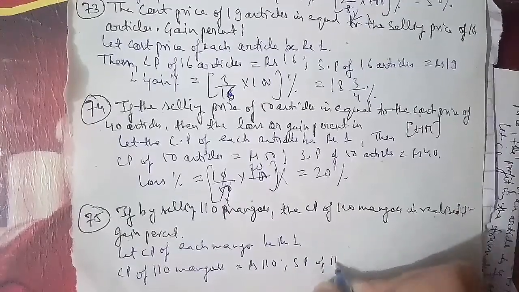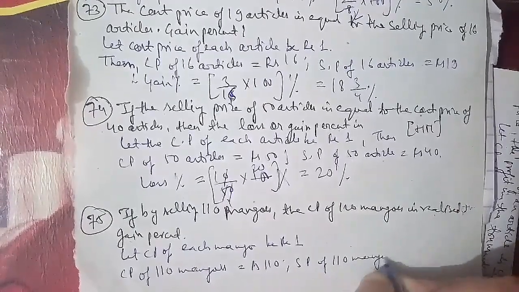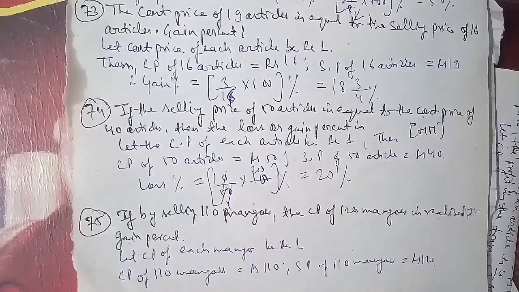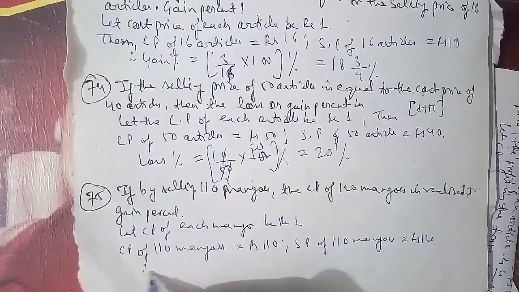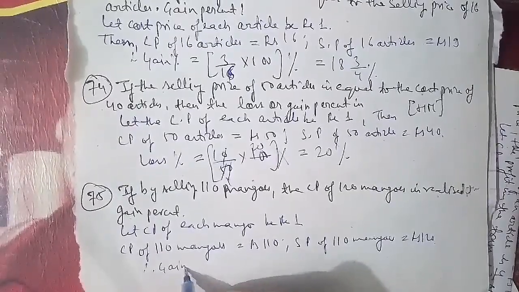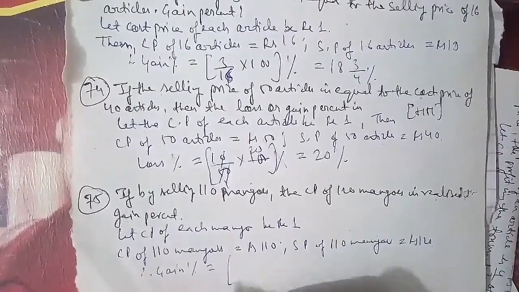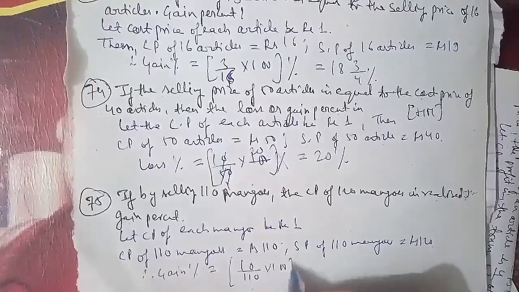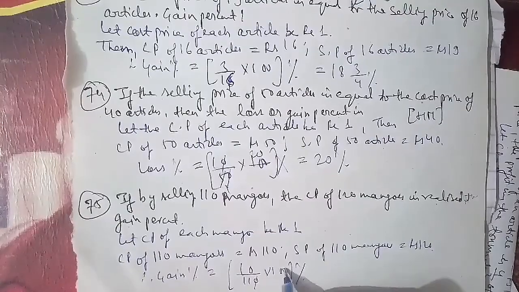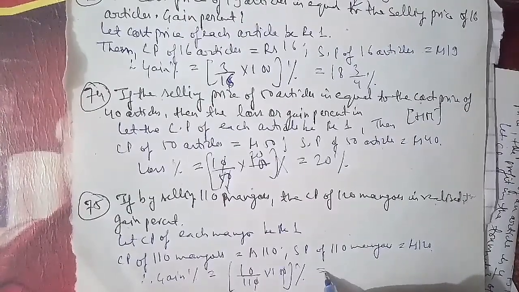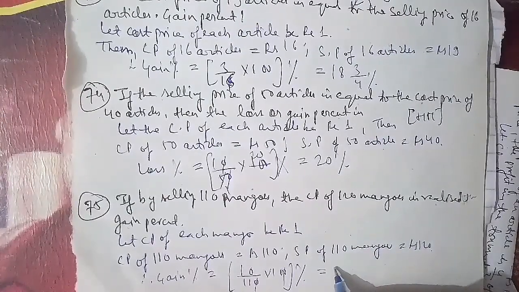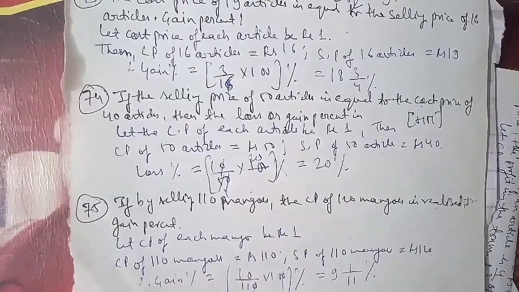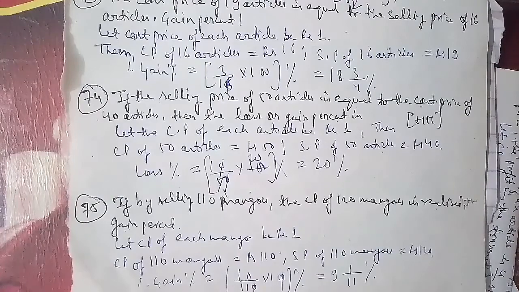SP of 110 mangoes equals rupees 120. Gain percent is equal to 10 upon 110 into 100%, 0 being cancelled by 0. That is equal to 9 1/11% here, which we have as the answer.